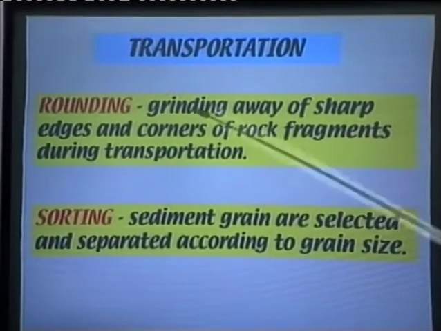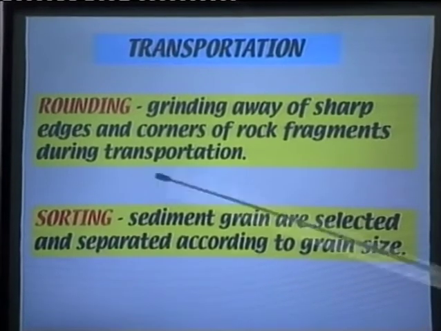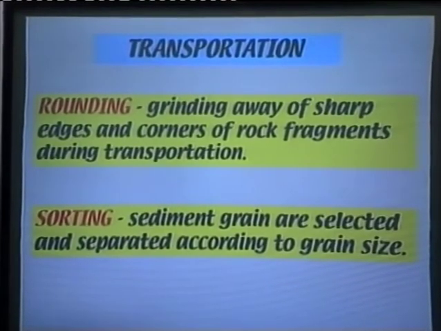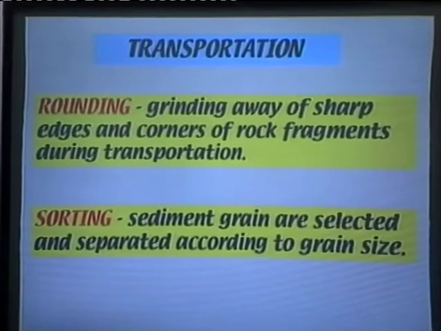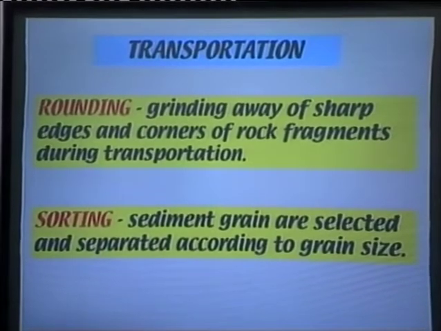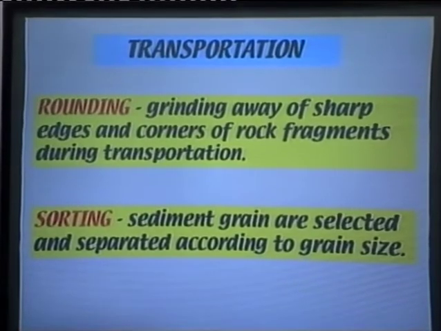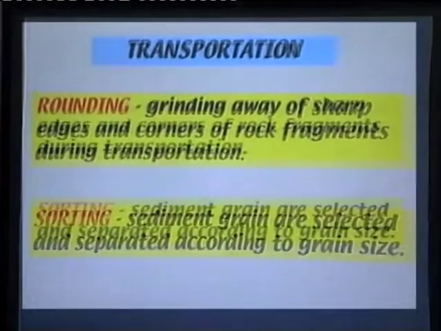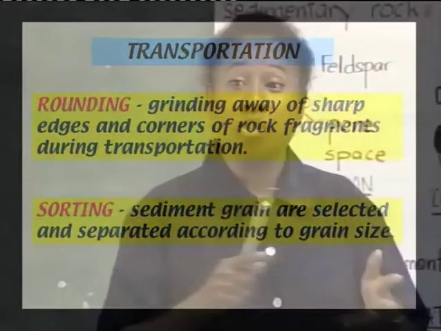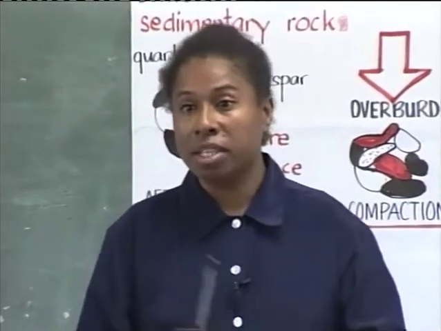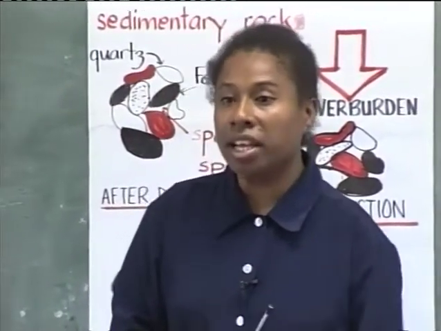Sediments also get sorted when they are being transported. In sorting, sediment grains are selected and separated according to grain size. I gave an example on rivers. Rivers do the work of transporting, besides eroding and breaking down.